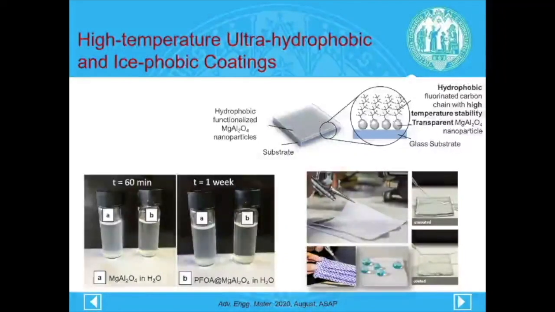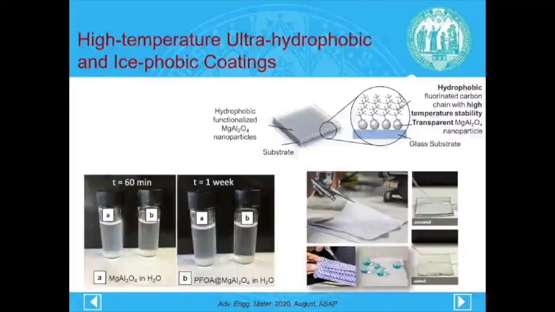There is a current need for hydrophobic surfaces which are stable at high temperature. By coupling these organic molecules to an inorganic carrier like the spinel particle shown here, we were able to demonstrate that the hydrophobicity is maintained up to 300 degrees C. So far, there is no example; only up to 200 degrees centigrade do you have stable hydrophobic surfaces.